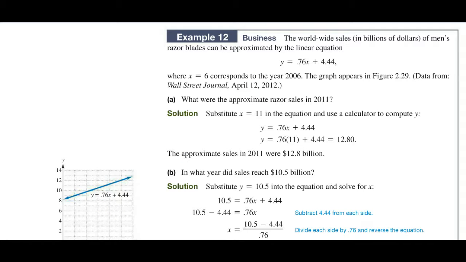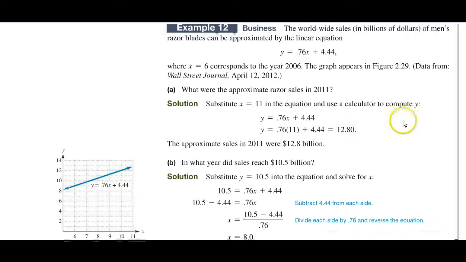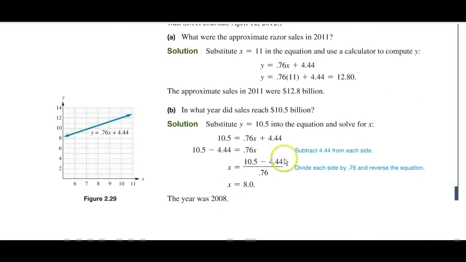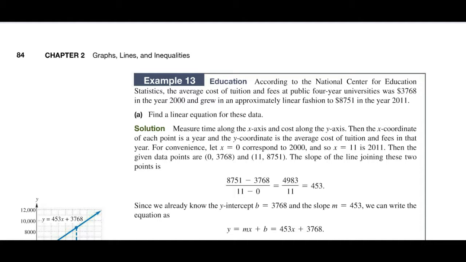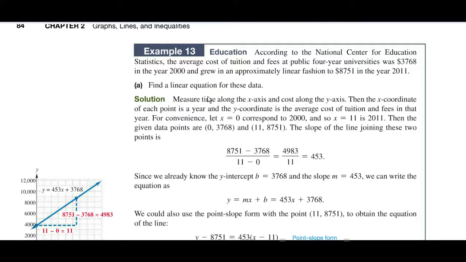And they want you to substitute an 11 for the x, and you get your answer there. And if you started in the year 2000, then if x is 8, that would be 2008. Again, you'd have to read this in more detail. I'm not going to take time to do that.